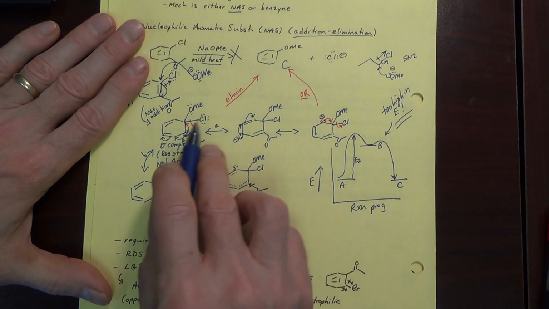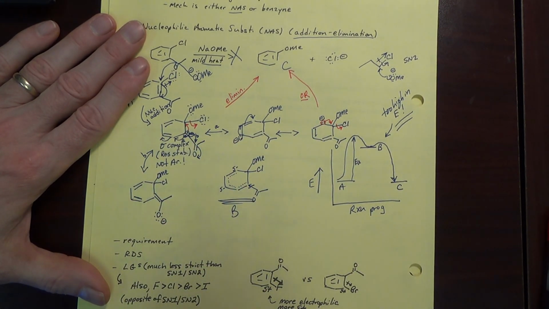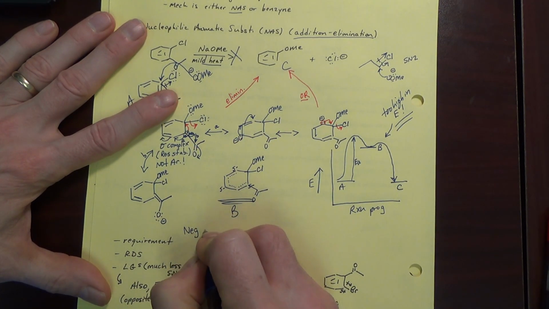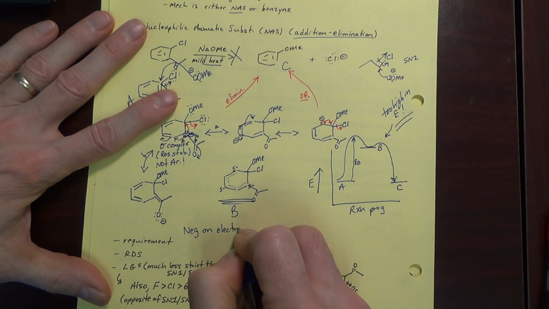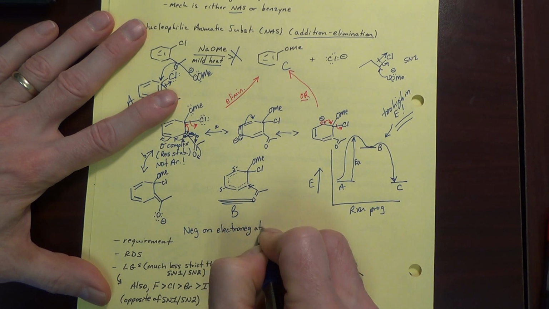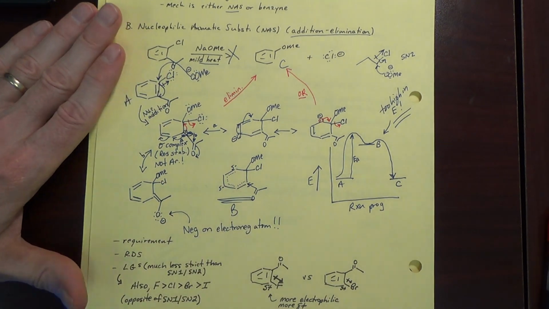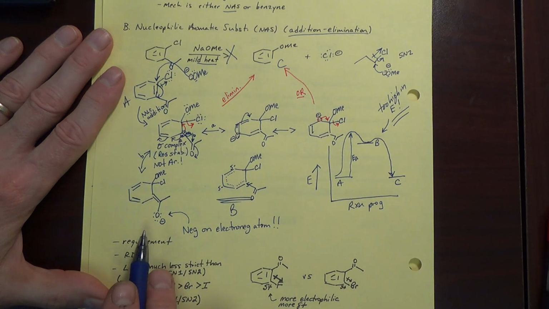Now we have 4 resonance structures, even more delocalization, but more importantly, we have delocalized the negative charge onto a more electronegative atom.